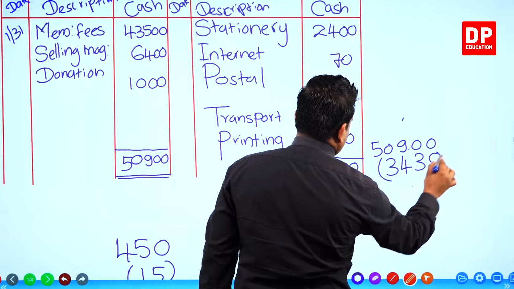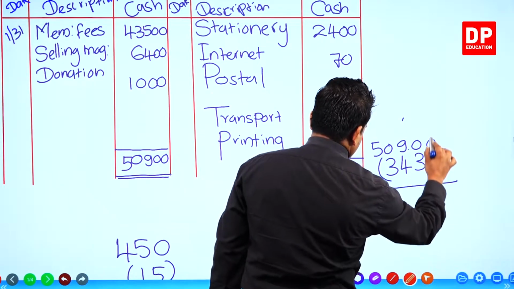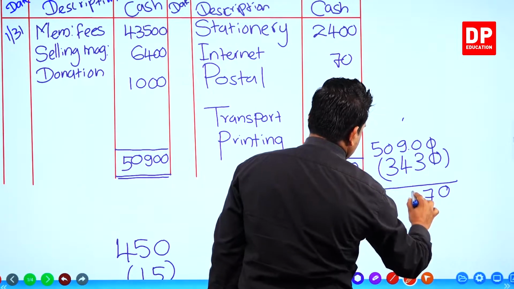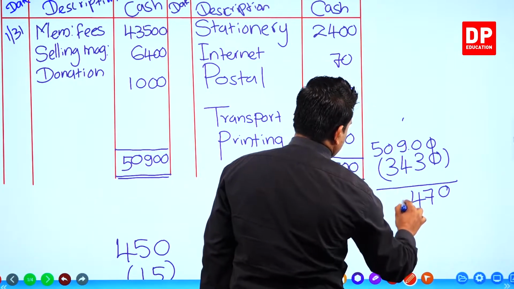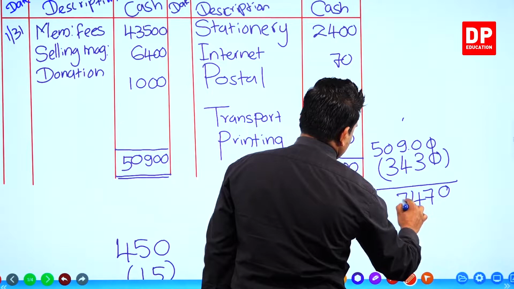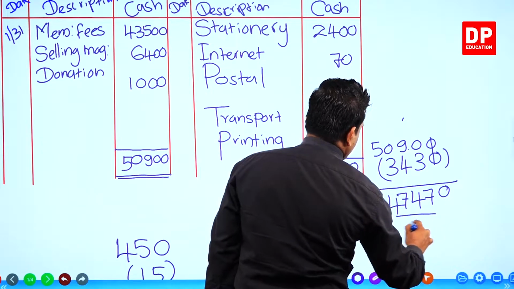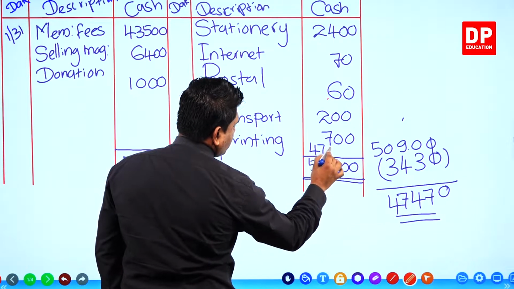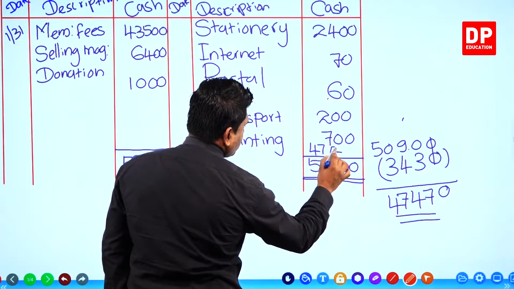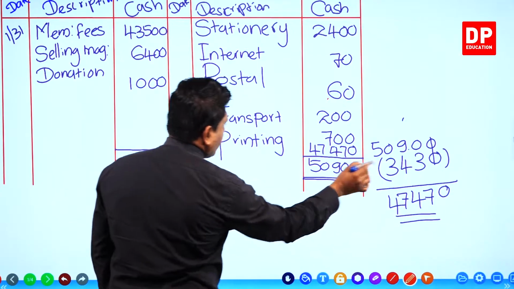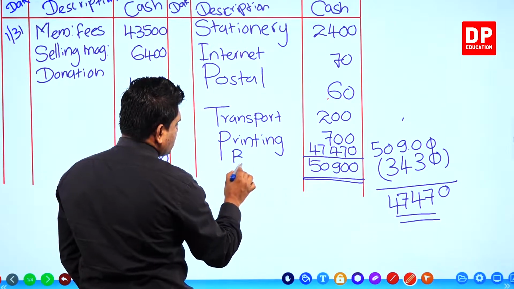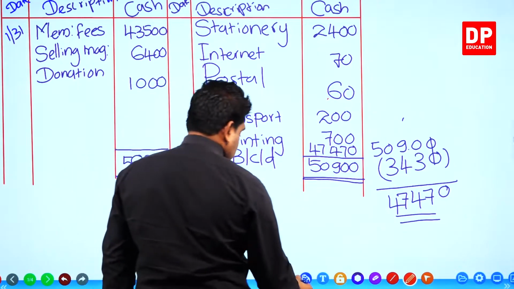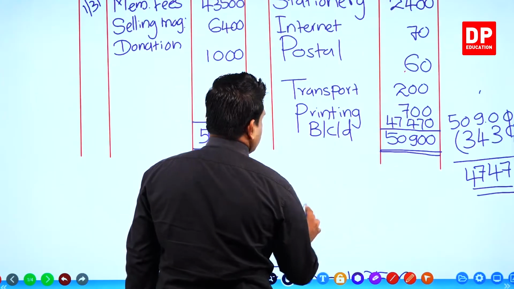Then you subtract this, then find the difference: 47,470. 47,470 is the balance, right? Balance carried down. Then the same balance you bring to the next side.